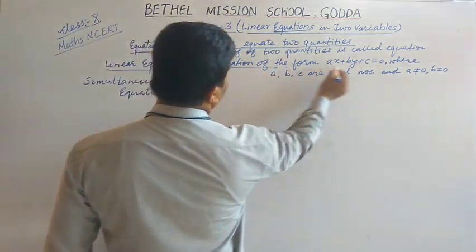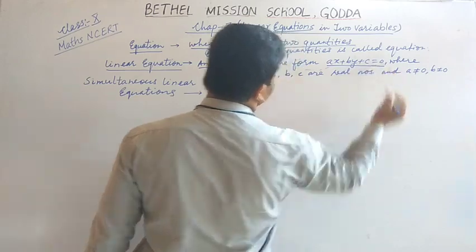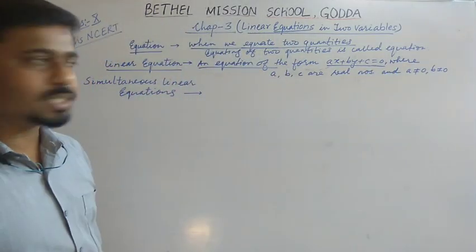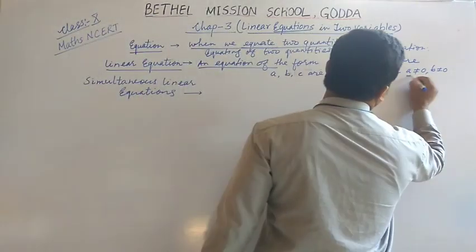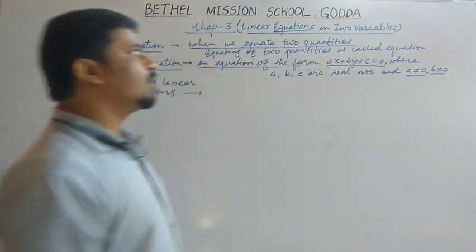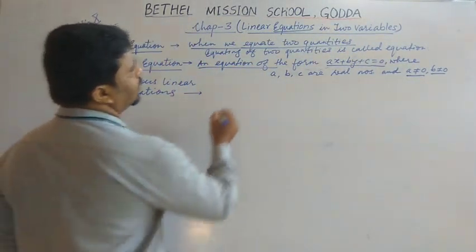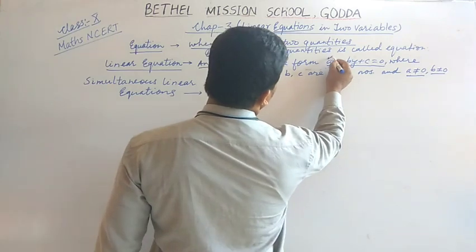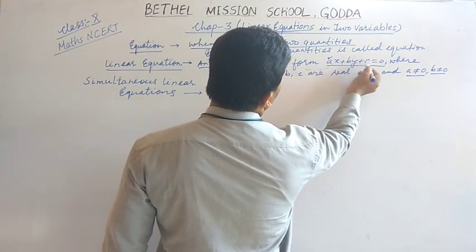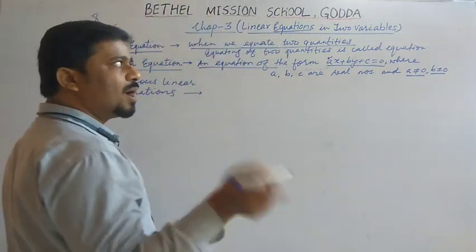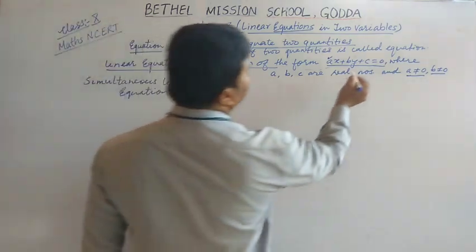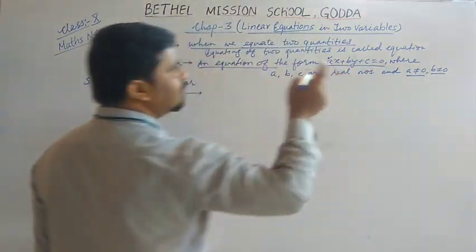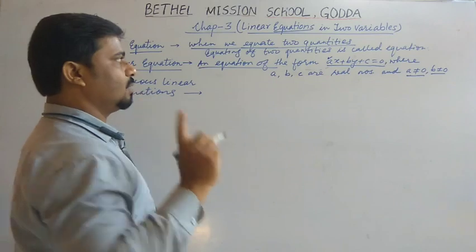An equation of the form ax plus by plus c equal to 0, where a, b, c are real numbers, but a and b both are not equal to 0. Because if a is 0, then this will be by plus c equal to 0, and that is a linear equation, but in one variable only.